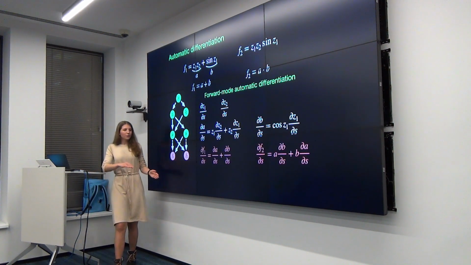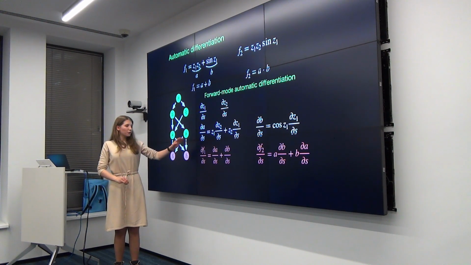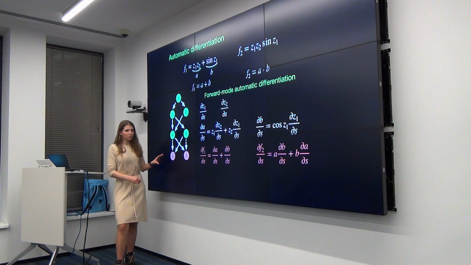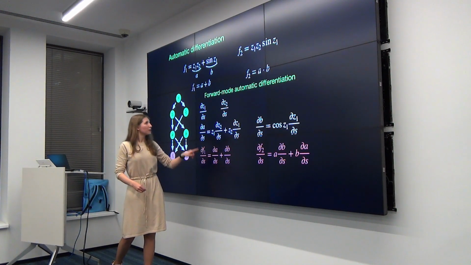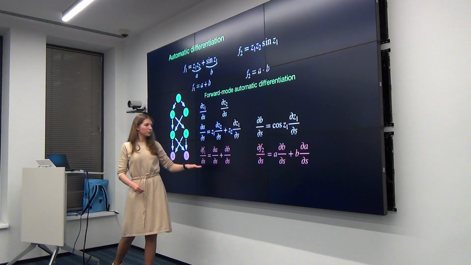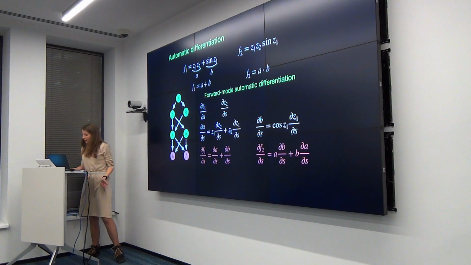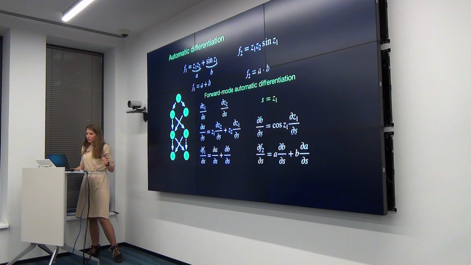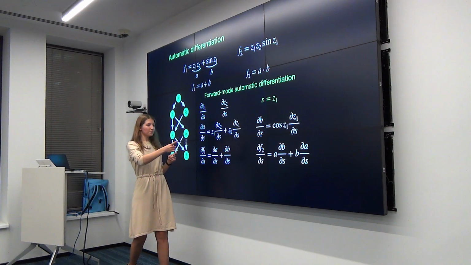And finally, we can compute derivatives of our output, because we do know how to do it, because it is a simple operation of sum and product, which our system also knows how to differentiate. Very good. And now let's set S to be equal to Z1.